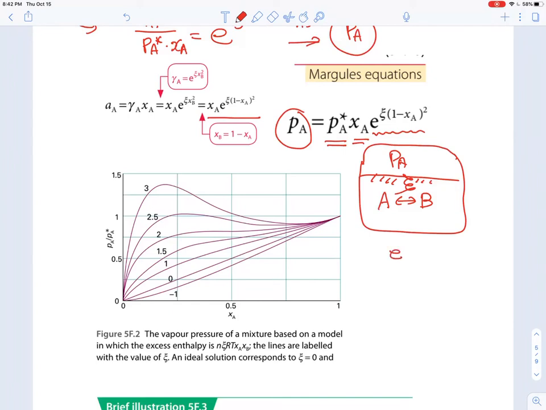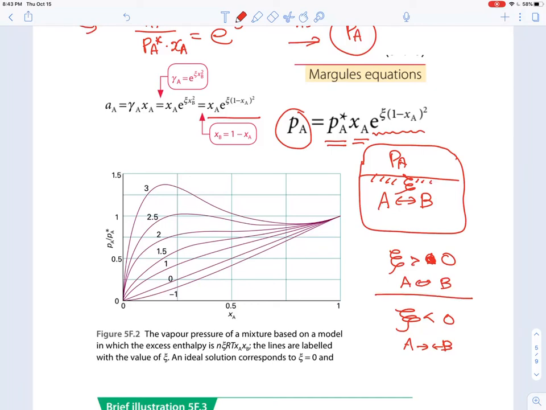And if the psi value is positive, A and B have a repulsive interaction. If psi is negative, less than 0, A and B have an attractive interaction.